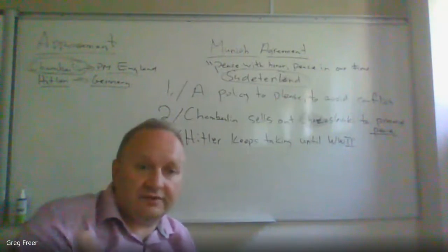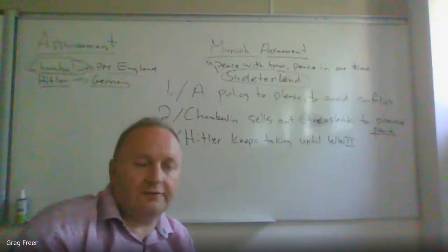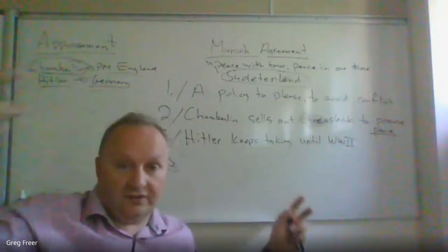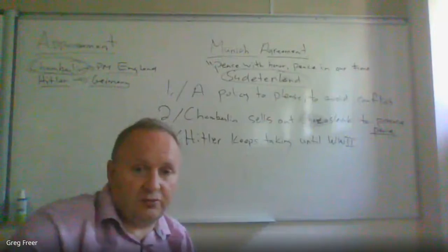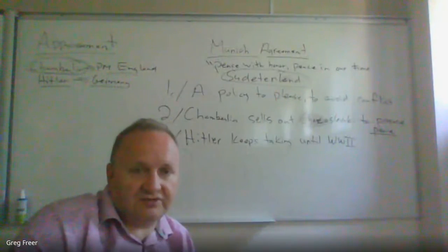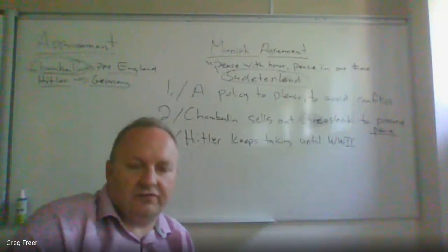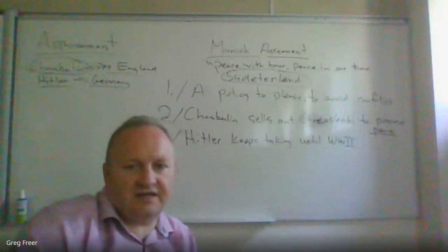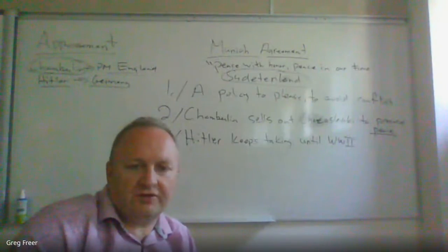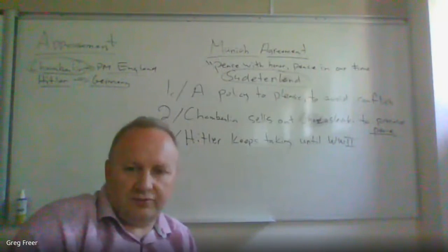That's a fair argument, but there's also something to be said for that he was trying to avoid a global war. And if sacrificing one country, in this case Czechoslovakia, for the sake of avoiding a total war, is that international? You could argue that. So you could argue Chamberlain either way.